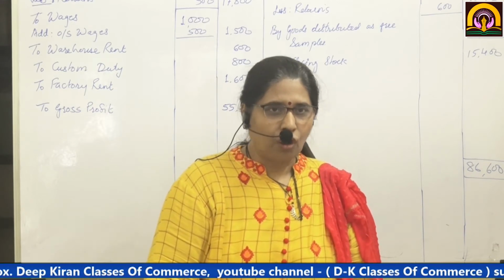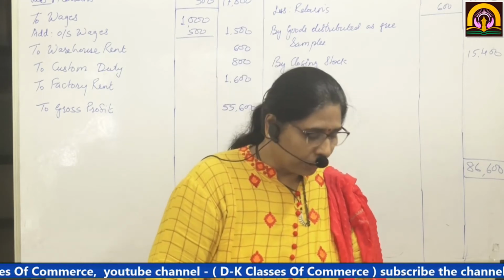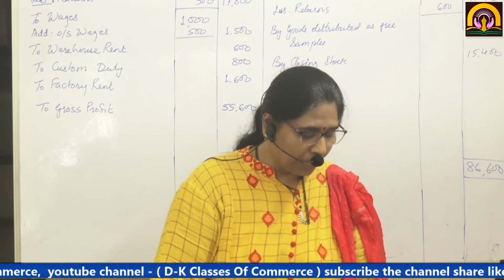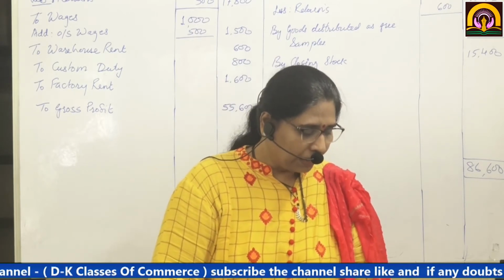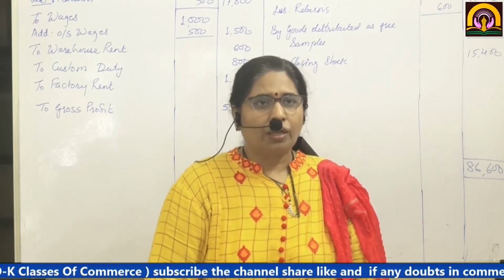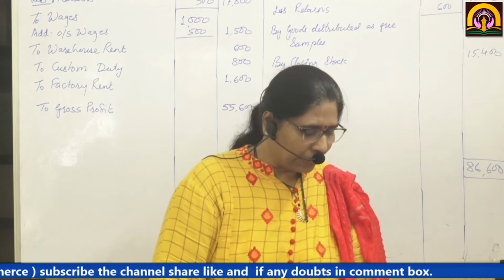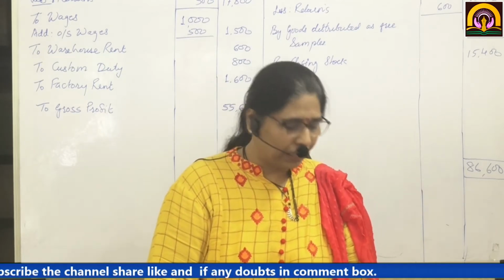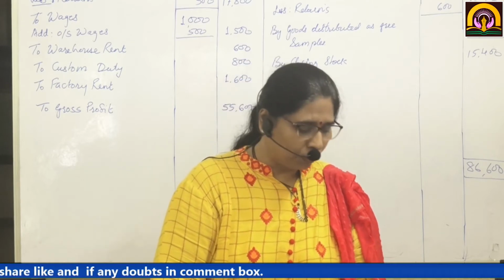Okay, it will not appear in the trading account, it will appear in the profit and loss account. Then custom duty, it will appear in the trading account debit side. Then sundry debtors, balance sheet asset side. Investment, balance sheet asset side. Factory rent, trading account debit side. Postage and telegram, profit and loss account debit side.